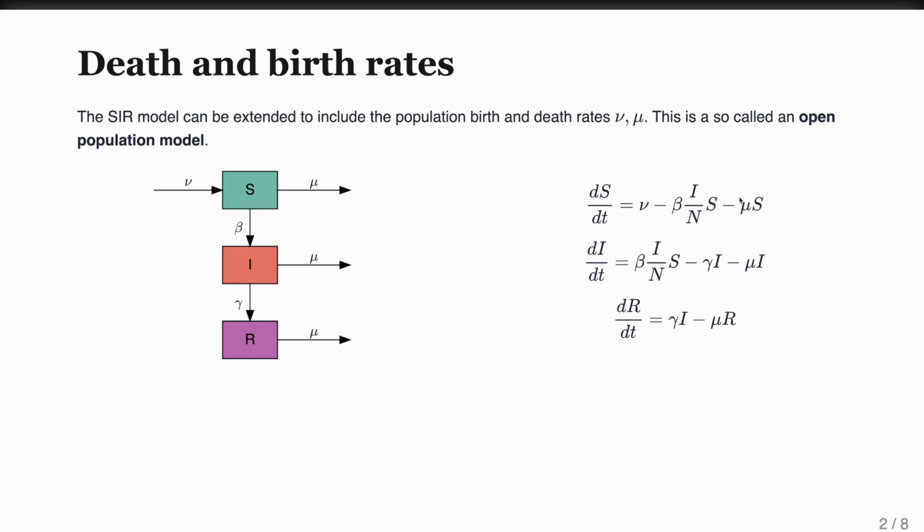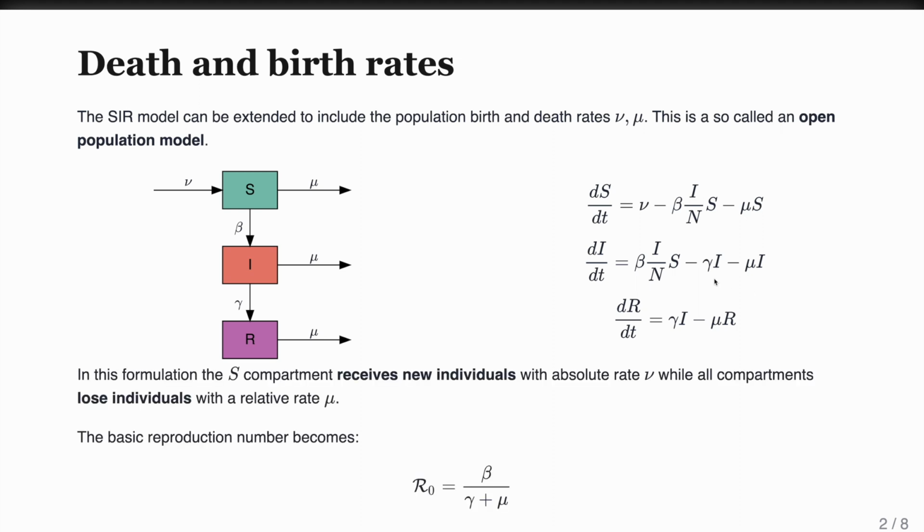The equivalent you can see in the formula. So we have a new positive factor Ni, which is the natality rate, and then we have a portion of the people in each compartment which is removed according to a rate mu. One of the most direct effects of this implementation of the model is that the R0 is now smaller when we consider the natural mortality in the population.